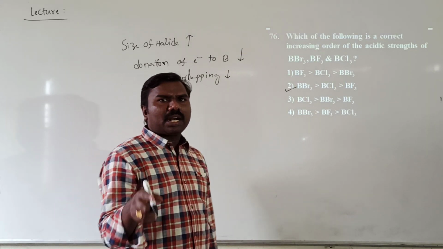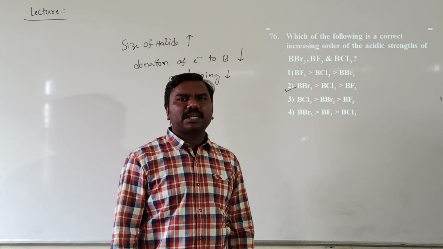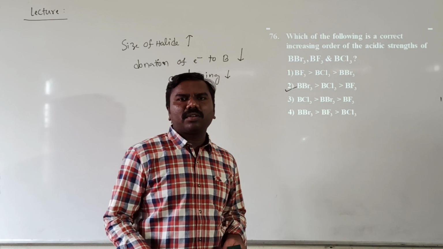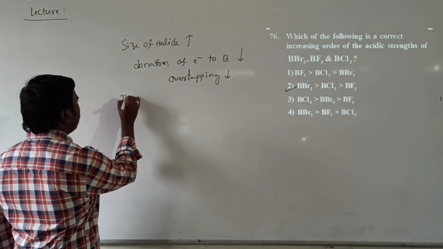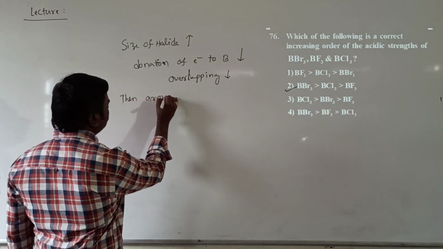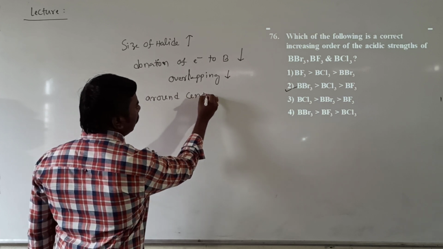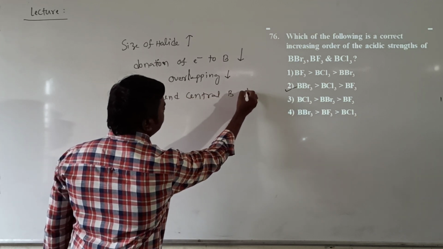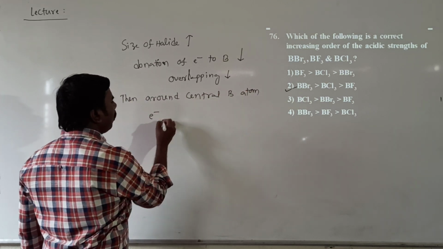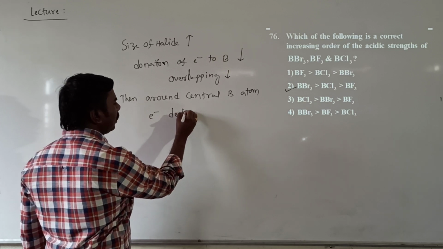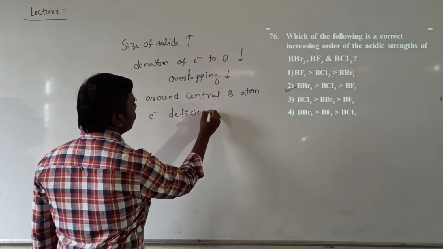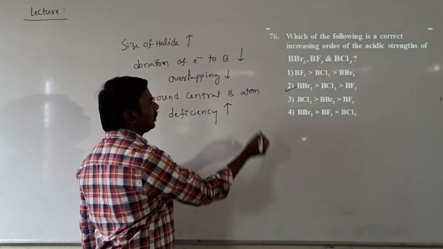Donation decreases around the central boron atom, so electron deficiency increases.